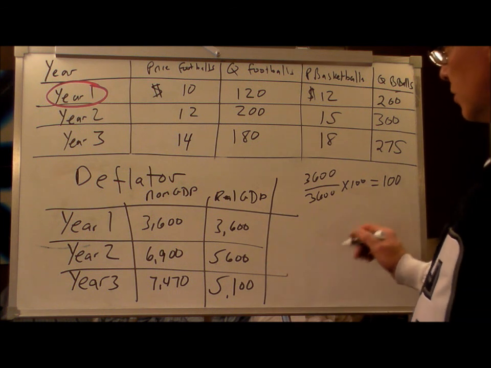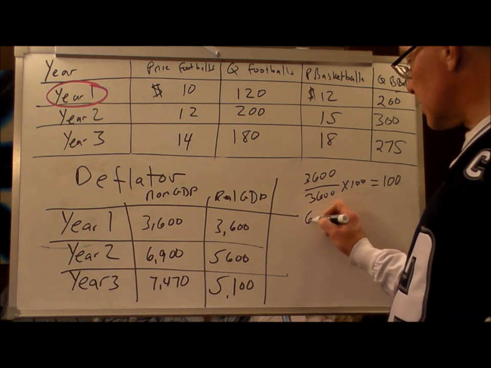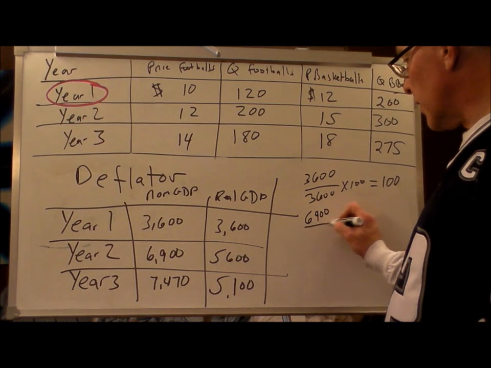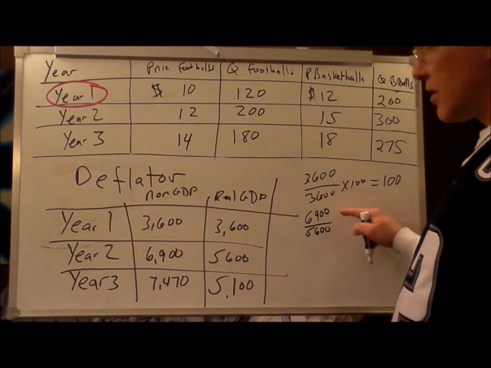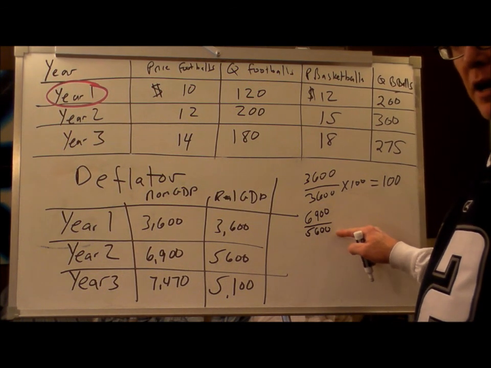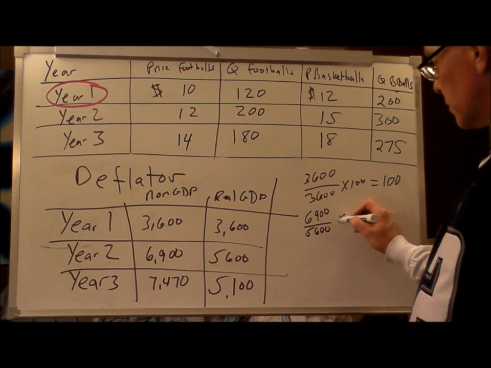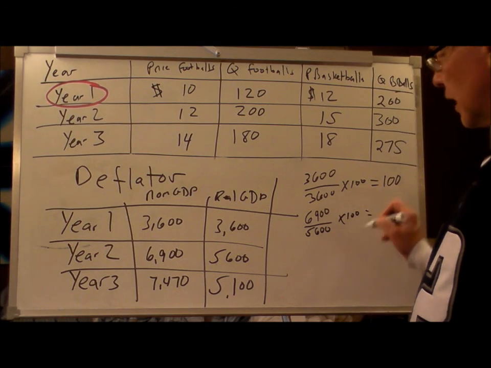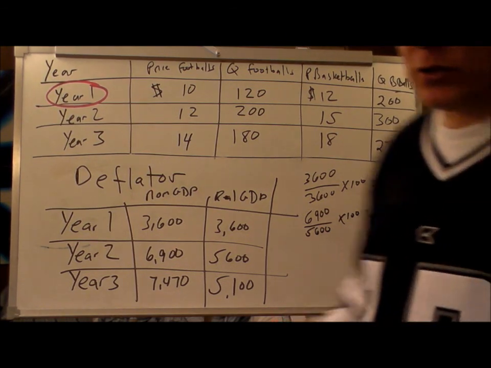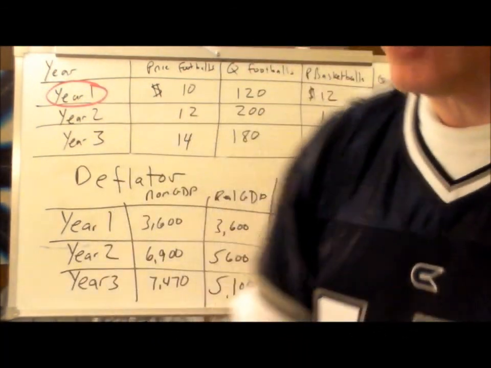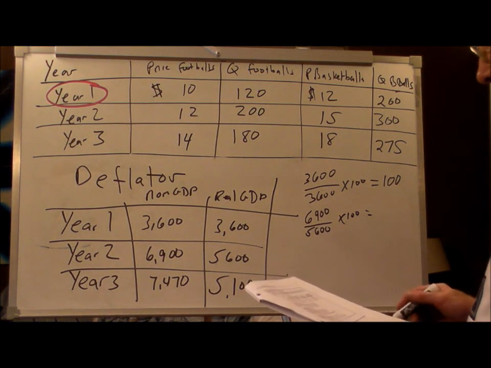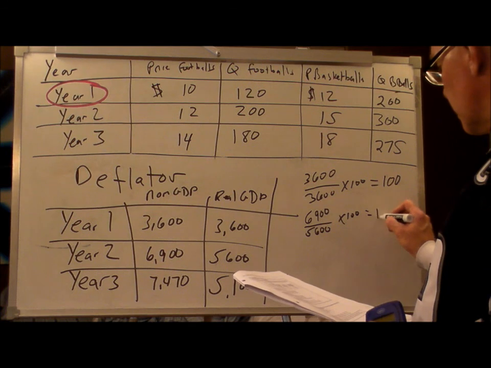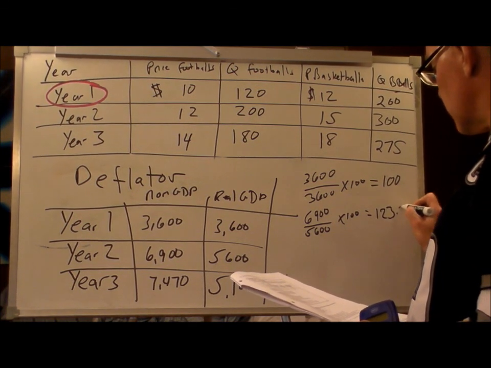So for year two, the deflator is going to be 6,900 divided by 5,600. So we take our nominal GDP divided by our real GDP, multiplied by 100, and we get the deflator for year two, which, look at my little cheat sheet here, in this example is going to be 123.21.